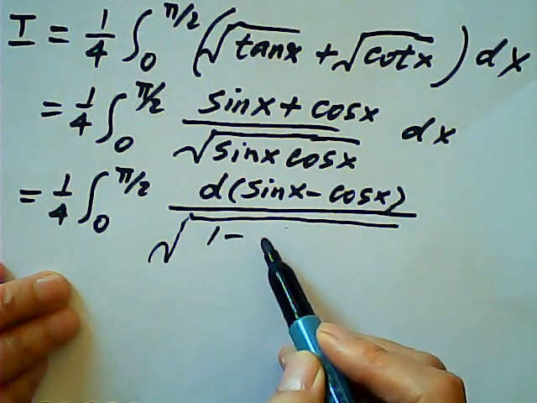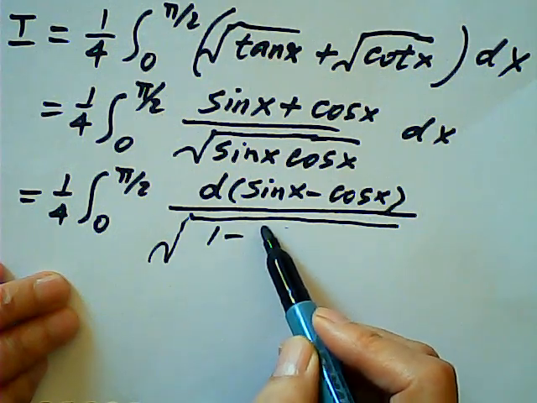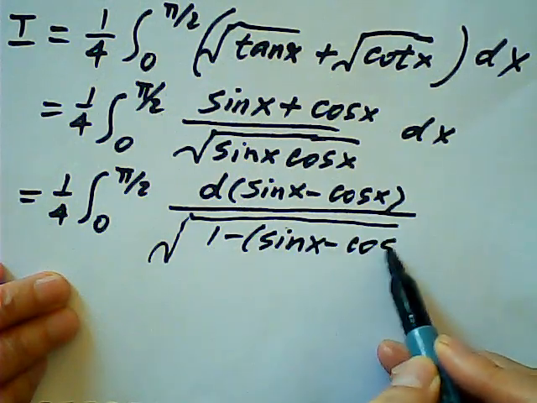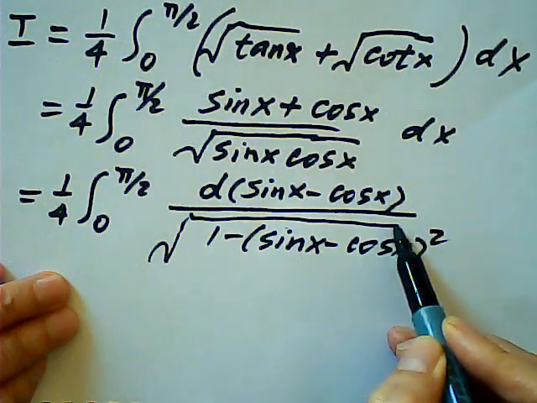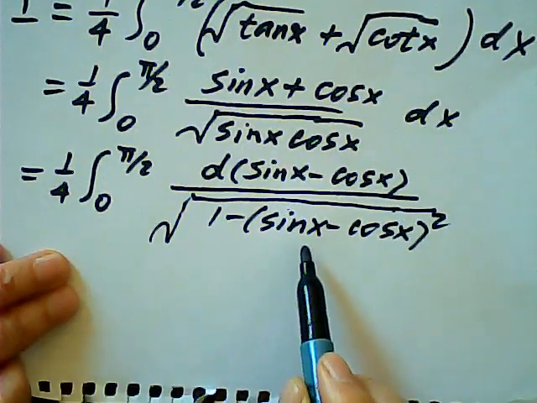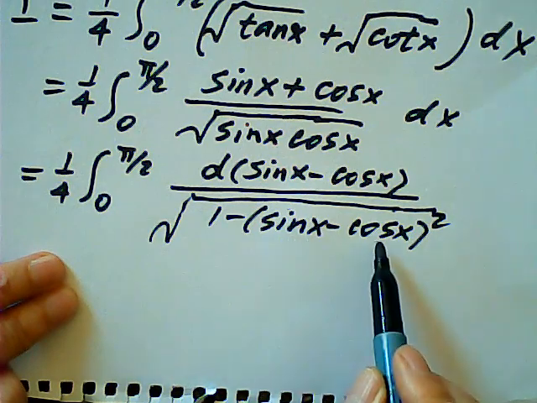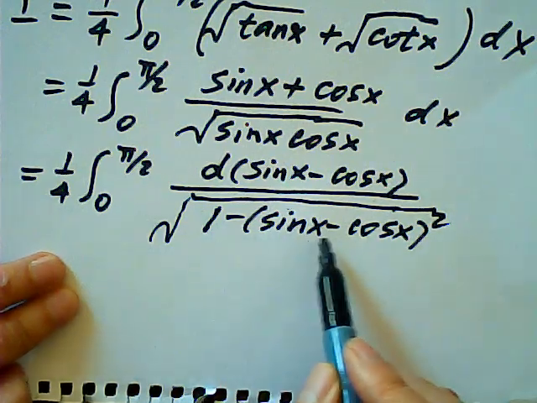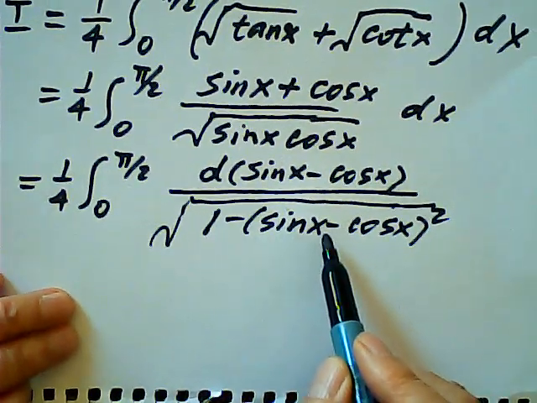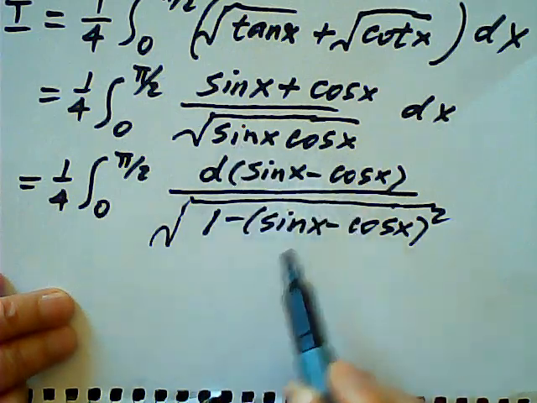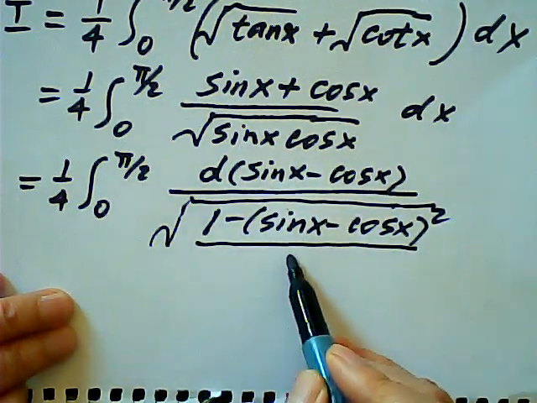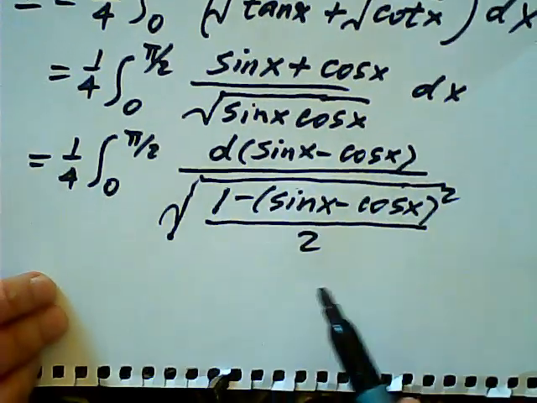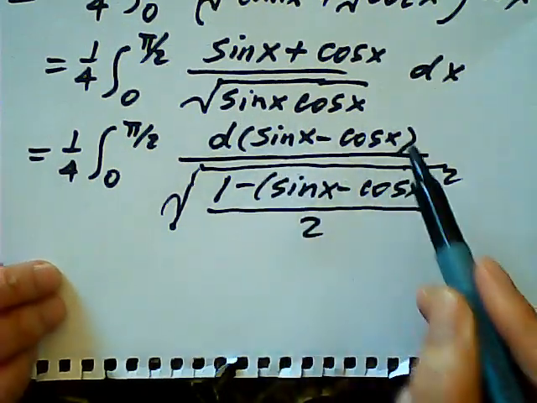That's obvious. With the square root, this is the square root of 1 minus (sine x minus cosine x) squared. This square plus this square is 1, right? So the 1 cancels out, and the remaining is 2 sine and cosine. Now we have sine and cosine, therefore I divide by 2. That will be equal to the square root of sine and cosine.